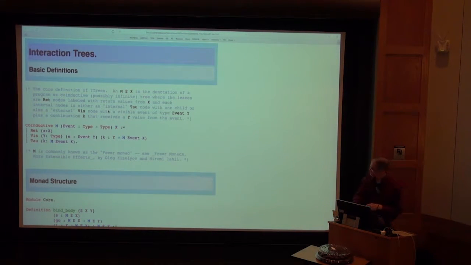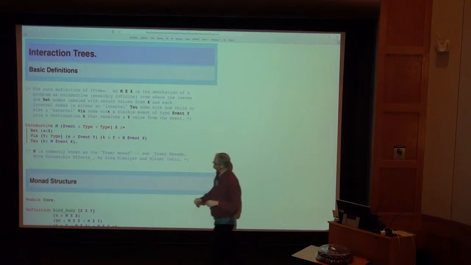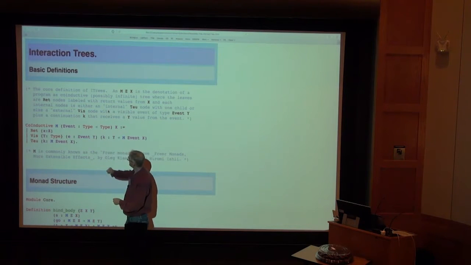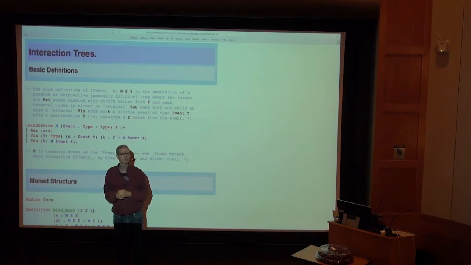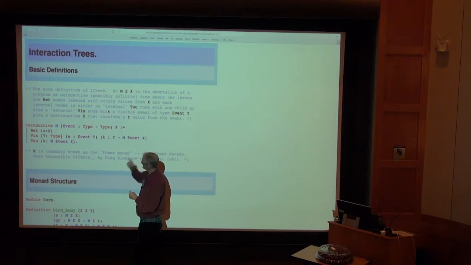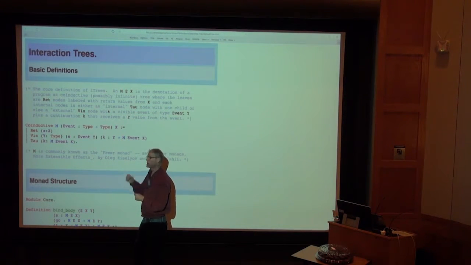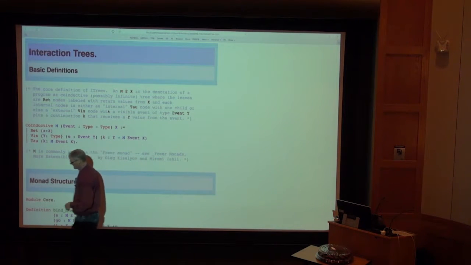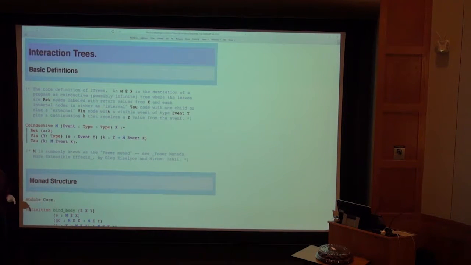So what is an interaction tree? It's an element of this type M applied to some set of events. You can call them events or you can call them effects. So for some particular type E of events or effects that we're talking about, M E is the type of trees over that set of effects. Why do we parameterize on effects?